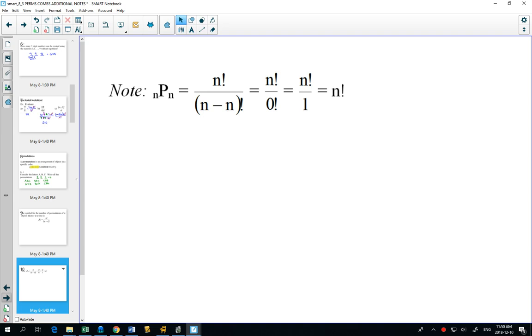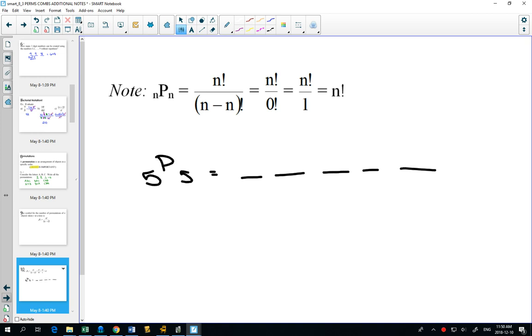nPn. Okay? If you had 5P5, well, that would be 5 spaces starting with 5, which would be 5 factorial. Notice that in this formula, when you have nPn, 0 factorial appears. And this is why we defined 0 factorial earlier to be 1, because this formula still needs to work in this situation.